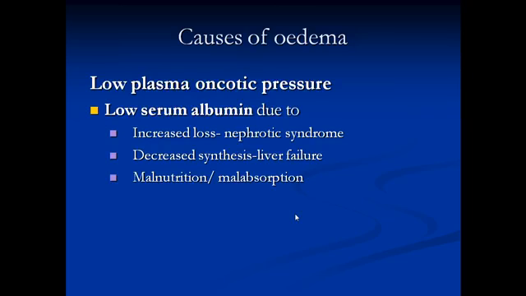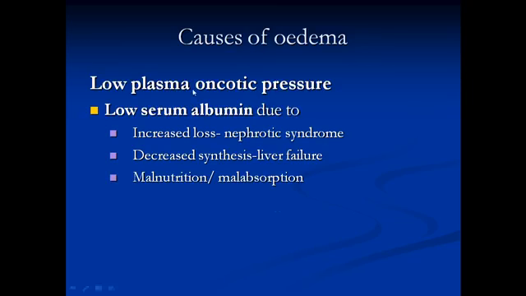Low plasma oncotic pressure due to low serum albumin: due to increased loss in case of nephrotic syndrome, decreased synthesis in liver failure, and malnutrition.